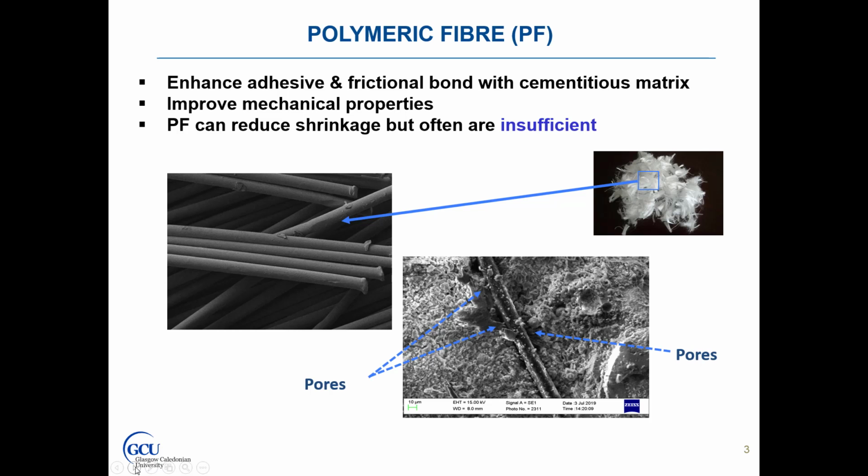However, their efficiency is often limited, especially in large surface elements or in severe environments. The addition of fibers introduces air voids and more pores, which compromise compressive strength. Therefore, some form of internal curing is still required to decrease self-desiccation and promote cement hydration.